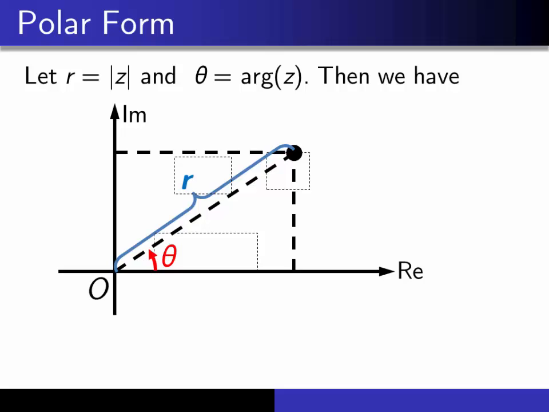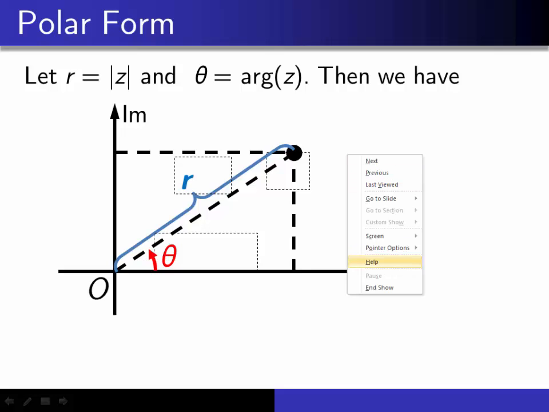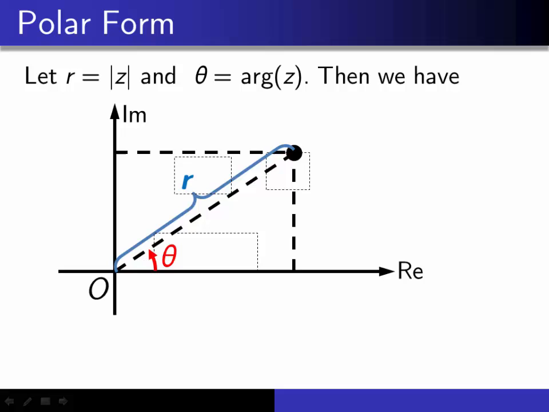Can you tell me, in terms of r and theta, what is x? Let's say z is x plus iy. This is the point representing z. What is x in terms of r and theta? What is y in terms of r and theta? Very quickly. You need to use your trigonometry.